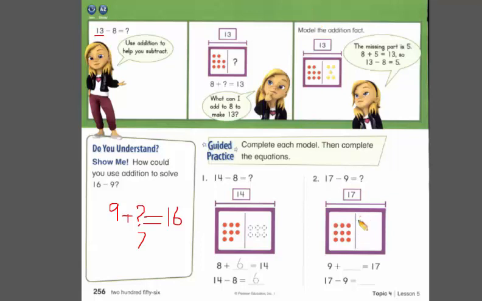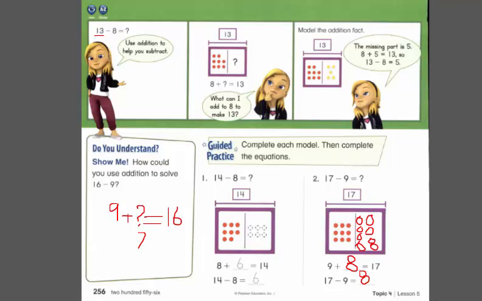So after 9, 10, 11, 12, okay, count on please, to reach how many? We want to reach 17. So how many? 1, 2, 3, 4, 5, 6, 7, 8. So the answer is number 8.